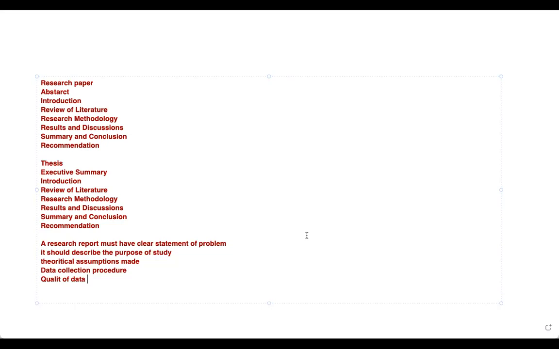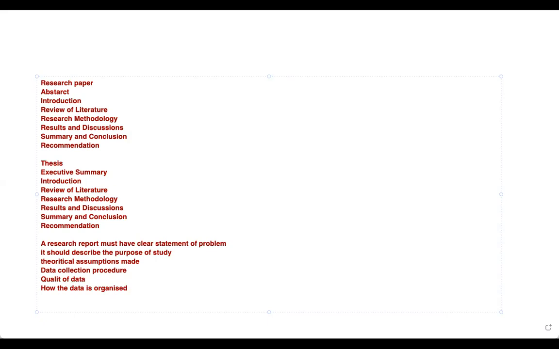Yes, ma'am. How the data is organized has to be discussed.